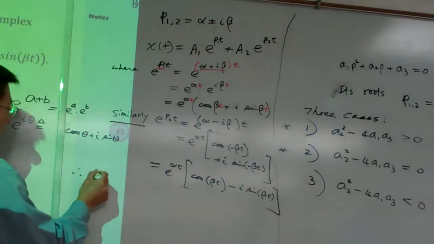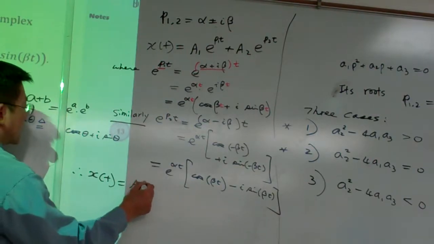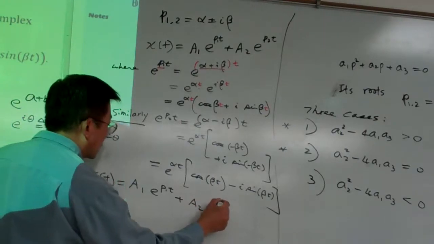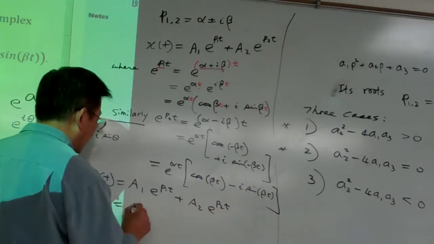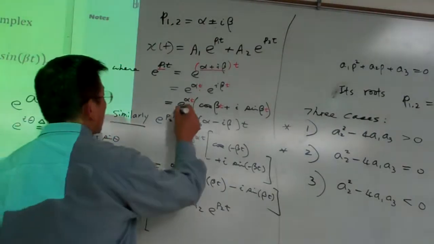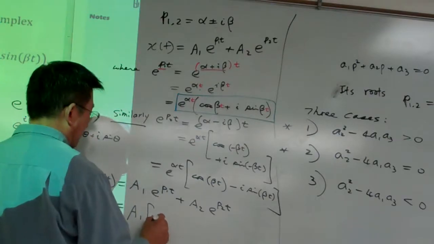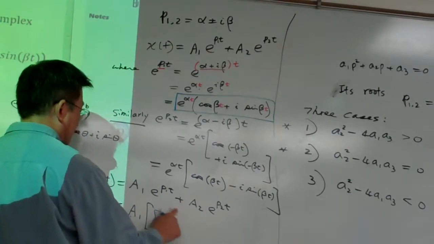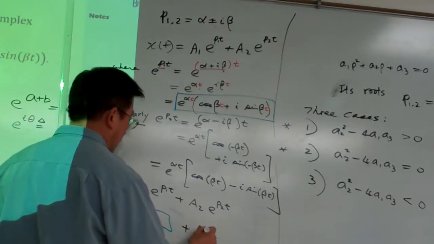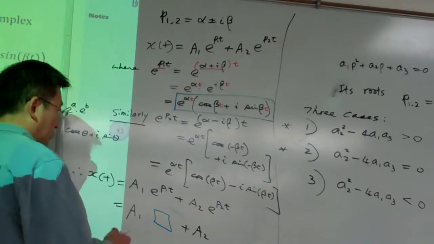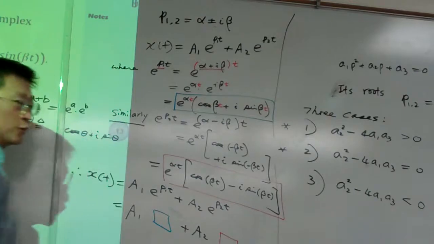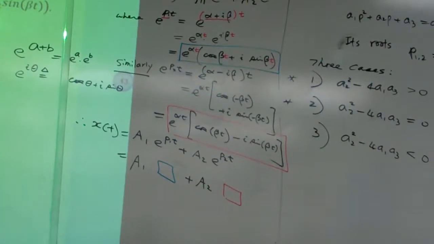Therefore, x of t is equal to the linear combination of a1 e^(p1 t) plus a2 e^(p2 t). Then you plug in the e^(p1 t) to here, and plus a2 e^(p2 t), and you can do that similar to what I'm doing here, using whatever shape, just do it.